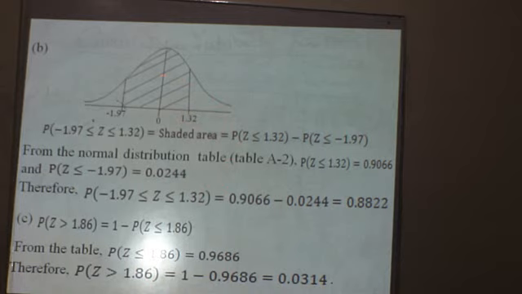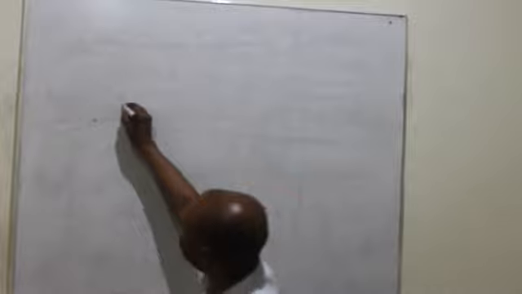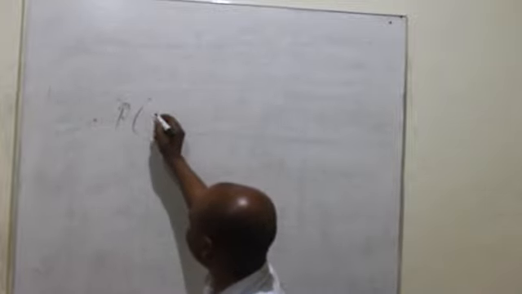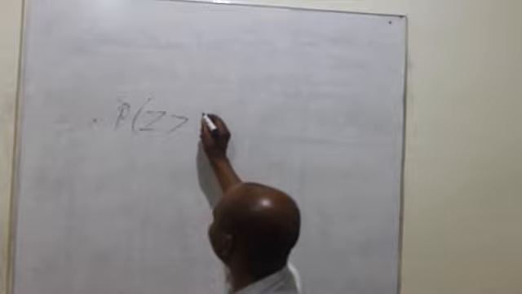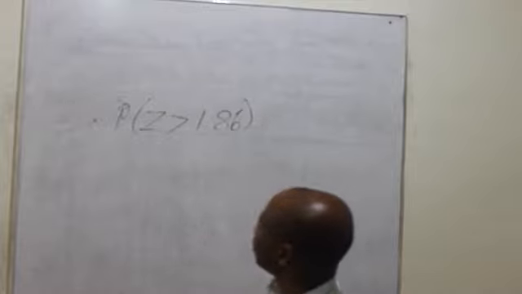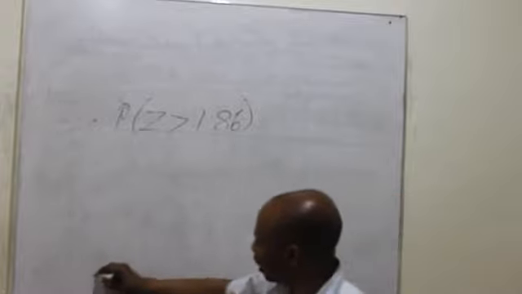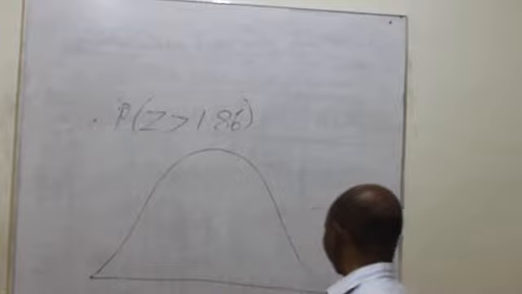So if we are told to find the probability of z greater than 1.86, then from the graph, this is how it will be.